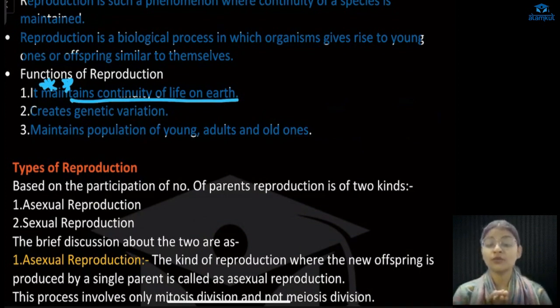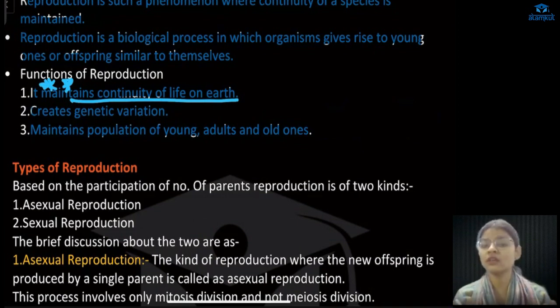Reproduction also creates genetic variation, because reproduction involves meiosis, and meiosis involves change of structure in DNA and chromosomal exchange. So due to reproduction, it causes genetic variation in different kinds of organisms, and due to this, each species is a little bit different from the other.